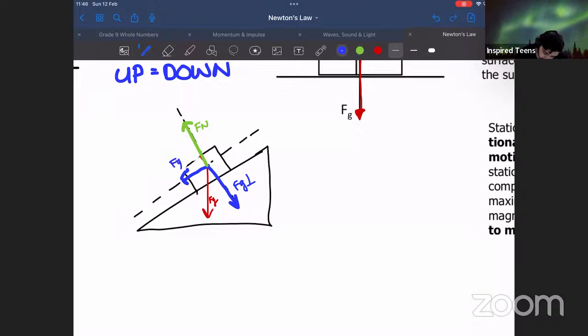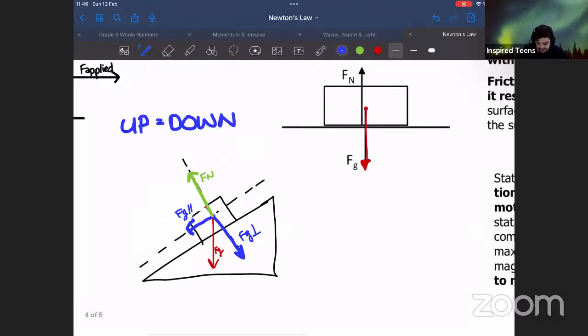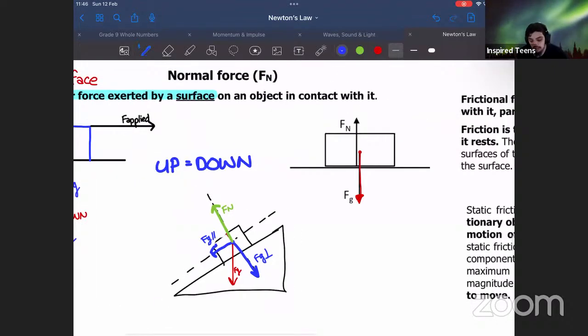This is FG parallel. So now when we consider, in this case, if we want to do the calculation for normal force, remember, the formula for normal force, you always have to use up is equal to down, meaning the up forces are equal to the down forces. So in this case, can somebody tell me what would we consider the up force?